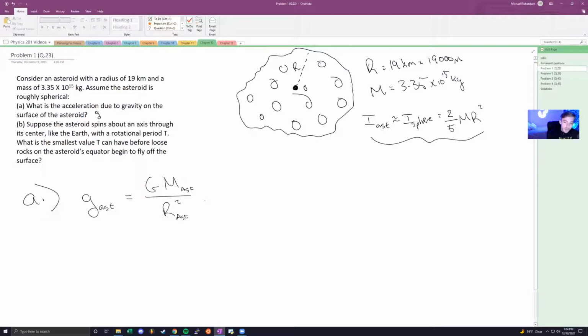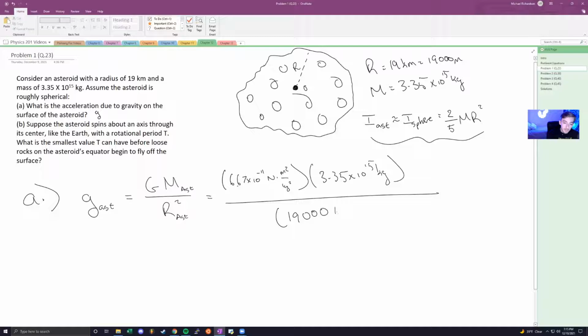This is kind of trivial at this point. Once you have this equation, you can just plug in your numbers. So this is 6.67 times 10 to the negative 11th newtons times meters squared over kilograms squared. The mass of our asteroid is 3.35 times 10 to the 15th kilograms, and we divide that by the radius, 19,000 meters, squared.